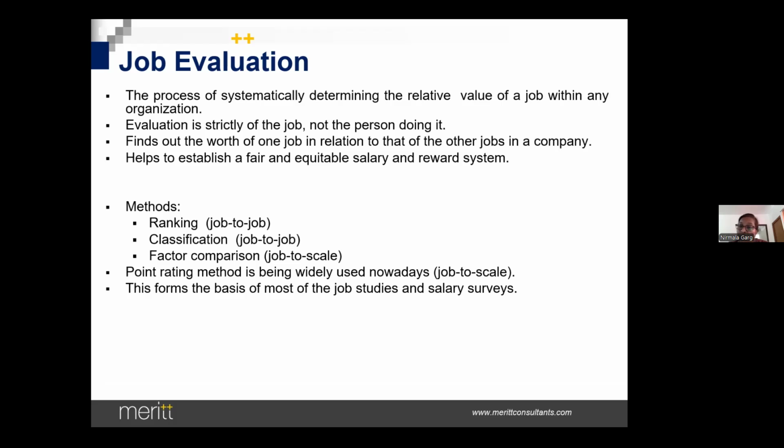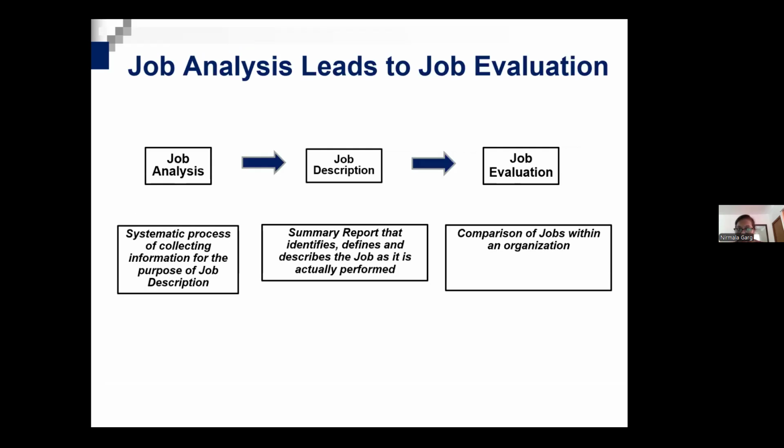All right, so there are four methods: ranking, job grading, the point method, and we will also touch upon the Hay method. These are all methods, or techniques, to do job evaluation, to find out the relative worth of the job.